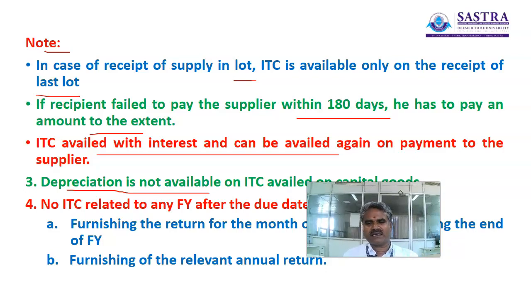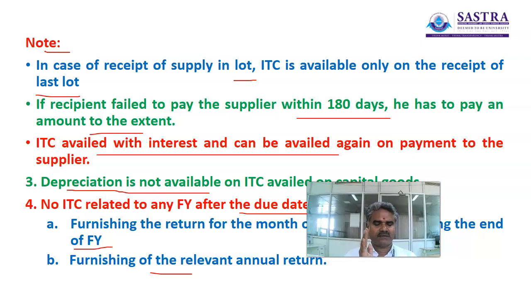No ITC can be claimed related to any financial year after the due date, whichever is earlier, of furnishing the return for the month of September following the end of the financial year or furnishing of the relevant annual return.